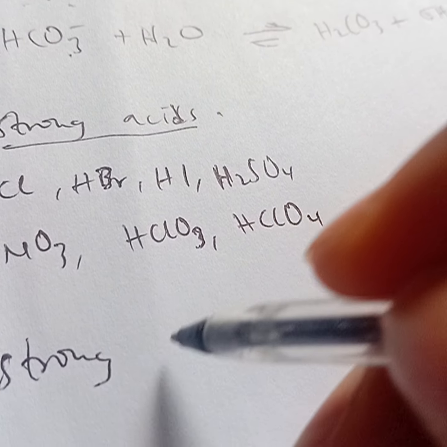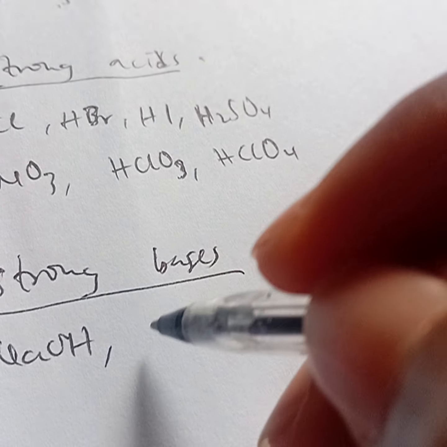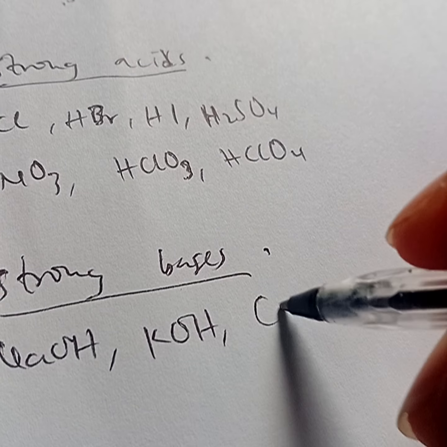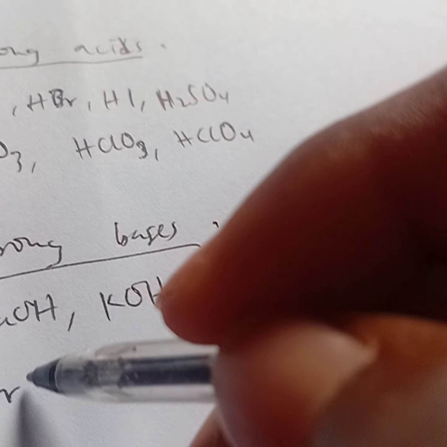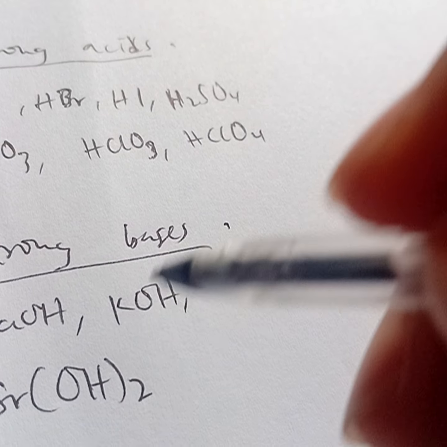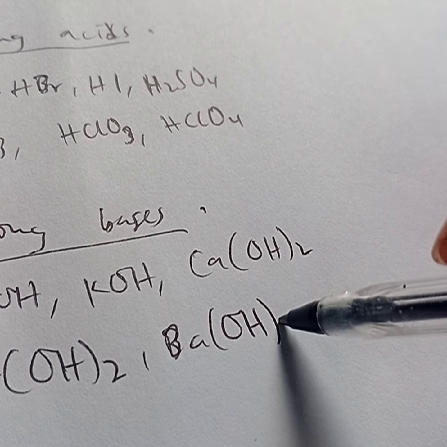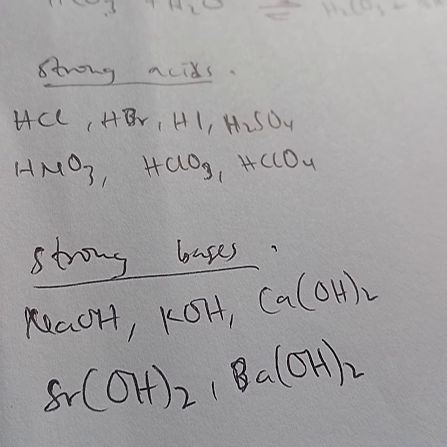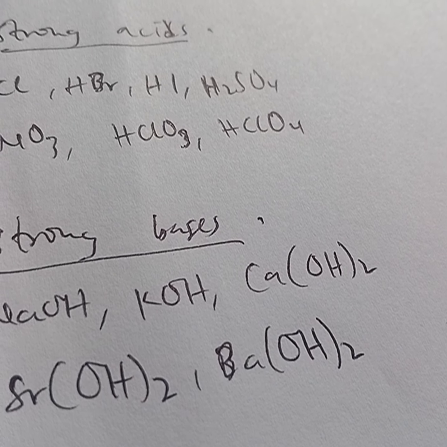Then we have the strong bases. We have sodium hydroxide, potassium hydroxide, calcium hydroxide, strontium hydroxide, and barium hydroxide. These are the strong bases. If I give you any other base which is not here, then it's a weak base. All right.